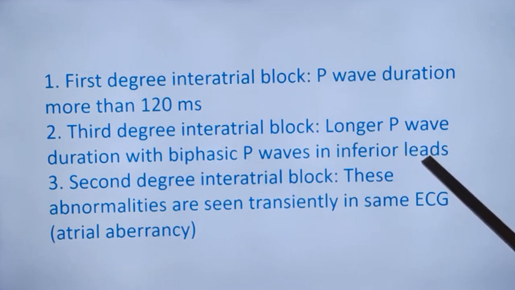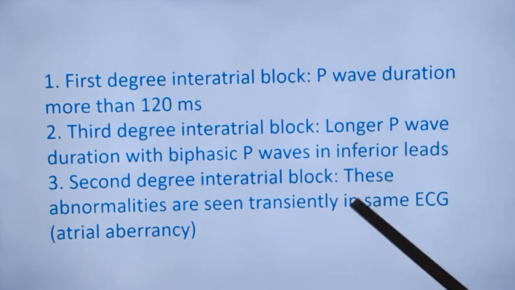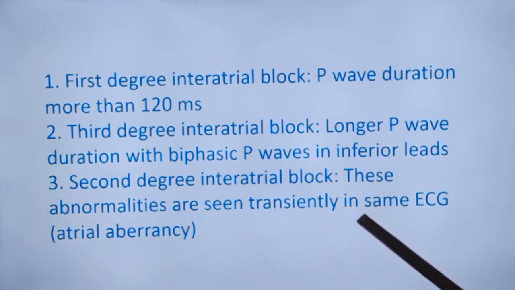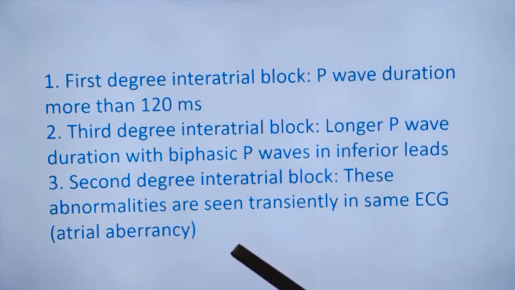Second half is negative, that also we have seen in the diagram. Then third degree interatrial block: these abnormalities are seen transiently in the same ECG and is known as atrial aberrancy. This is almost similar to the grades of AV block and SA block.